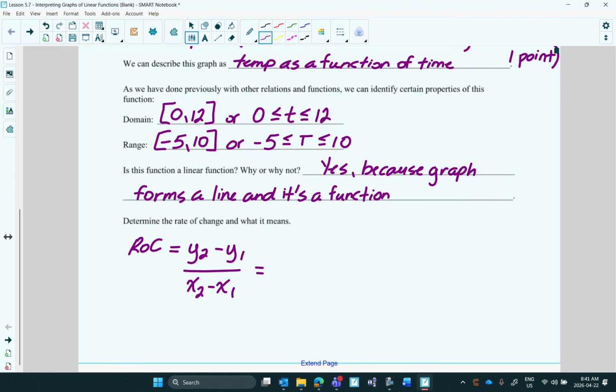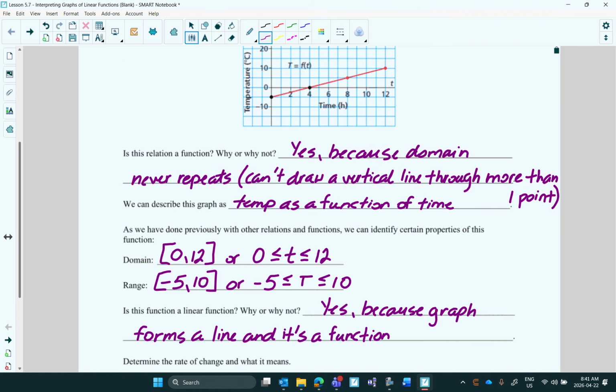So to find the rate of change, I need 2 points. Well, we got 4 points. We could use this one, which is 0, -5, and this one, which is 4, 0.